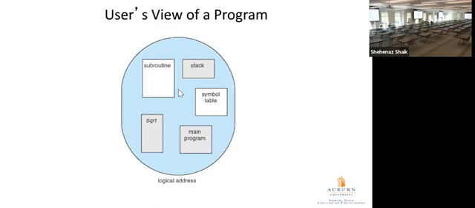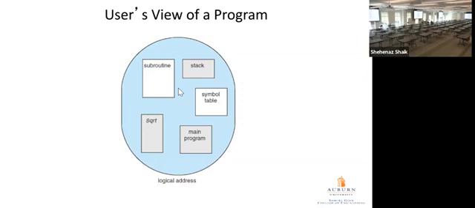And from the user's perspective, the particular program has different subroutines, a stack space, and different modules of a particular program. Okay? So the user does not really expect all these individual components to be loaded and available in contiguous memory locations.